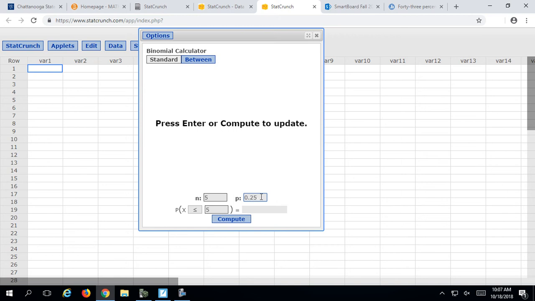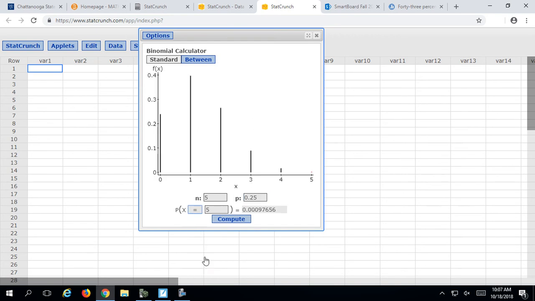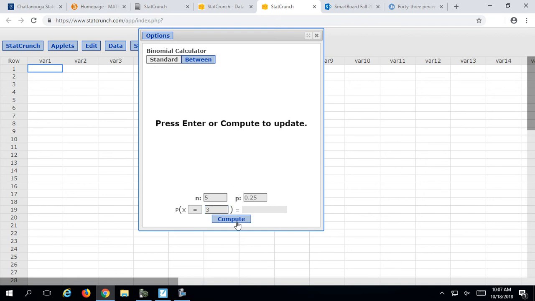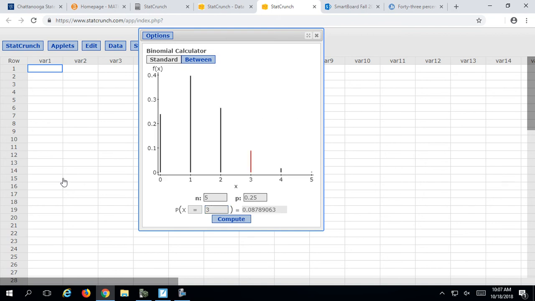So it's 0.25. 1 divided by 4 is 0.25. And we wanted the probability of getting exactly 3 questions correct. And it tells us 0.0879. Is that what we got earlier? Yeah. So it calculates that for you.